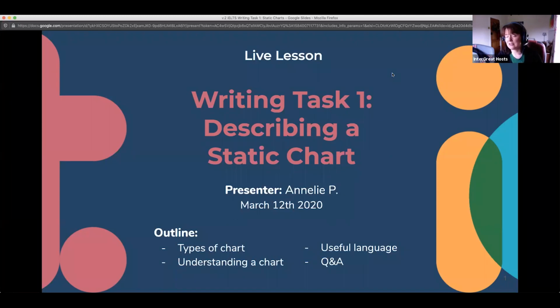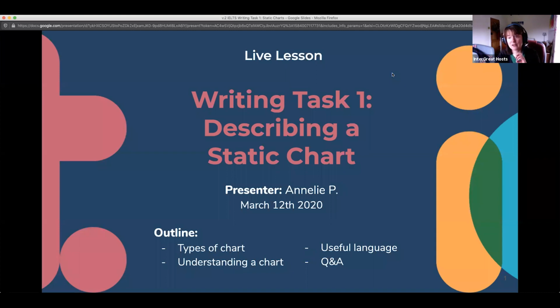So let's start. What we're doing today is looking at the writing for the academic module, and the writing task 1. There are various task 1s that you are asked to do for the academic module, and we are going to look at static charts, which is where you don't have a timeline.